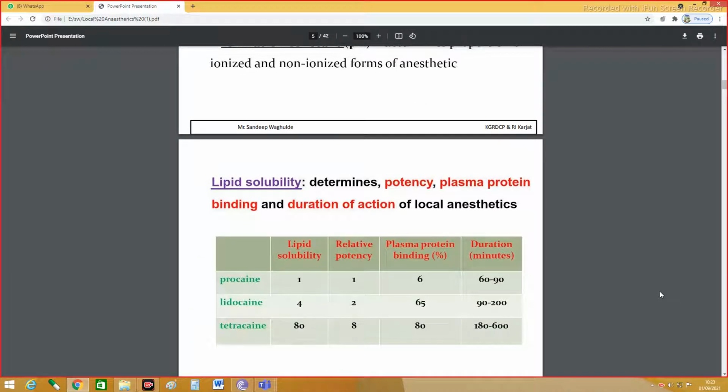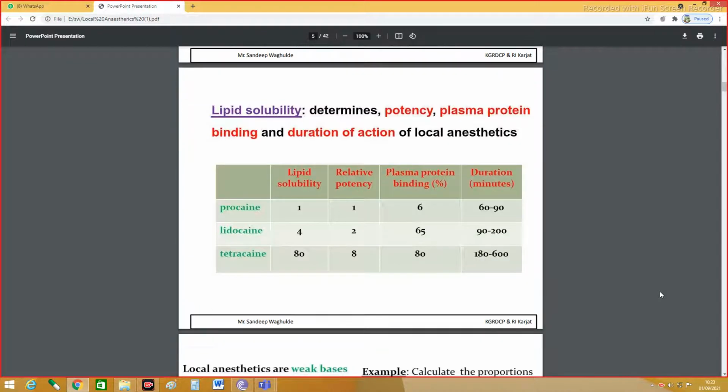So when we talk about lipid solubility, it determines the potency, plasma protein binding, and duration of action of local anesthetics. When we see this table, it shows three molecules, procaine, lidocaine, and tetracaine, and they are compared here with lipid solubility, relative potency, plasma protein binding, and duration of action.